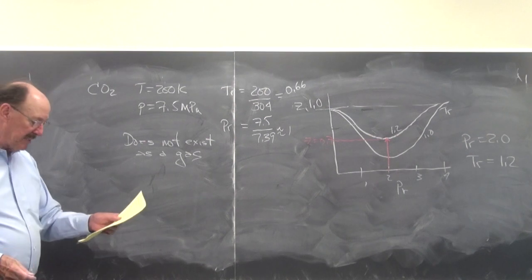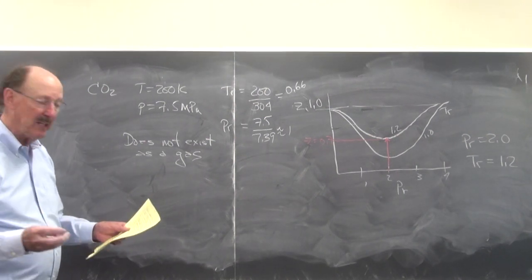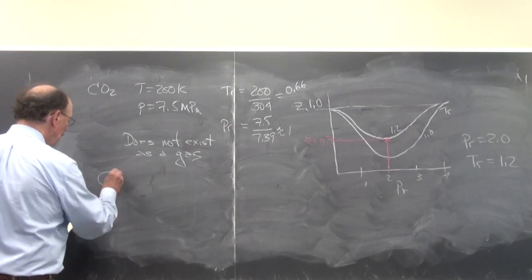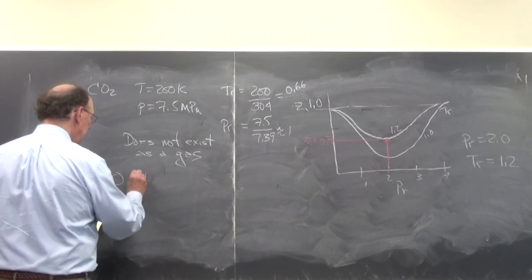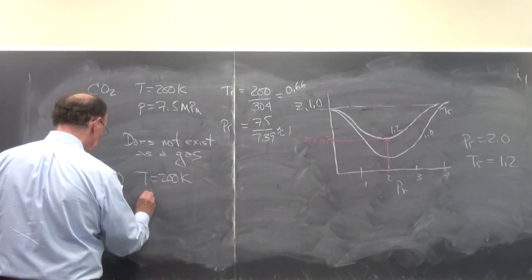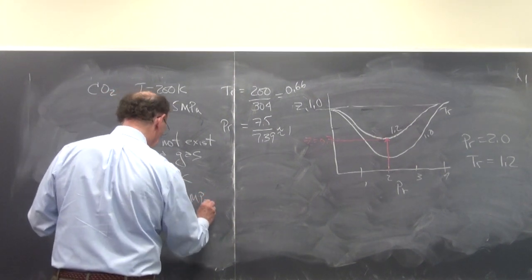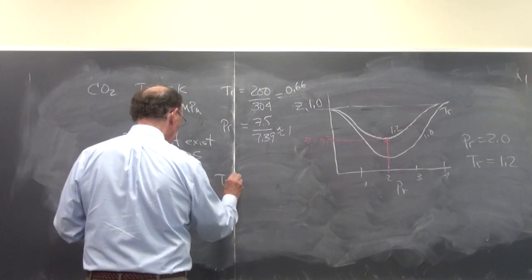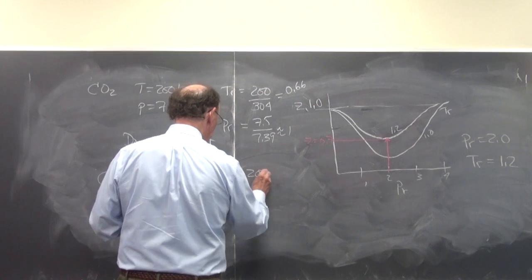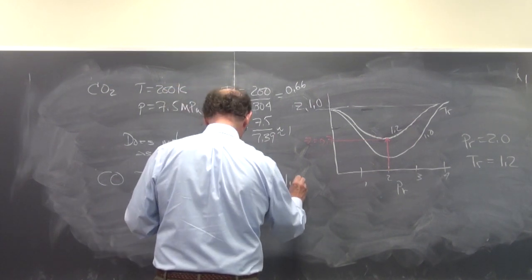All right, let's pick something that does. So if carbon dioxide didn't work, let's look at carbon monoxide and see what that is. So carbon monoxide, CO. Again, we have T is 200 K. P is equal to 7.5 MPa. T sub R is equal to 200 over 133, which is equal to 1.5.